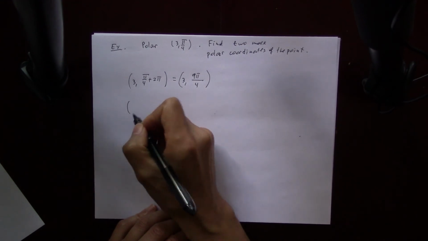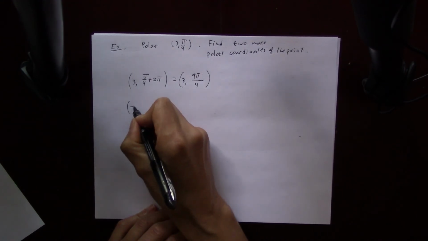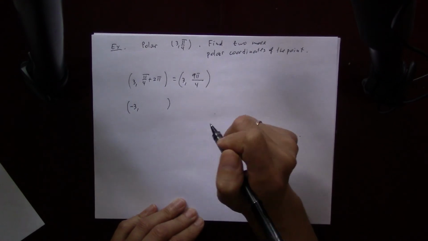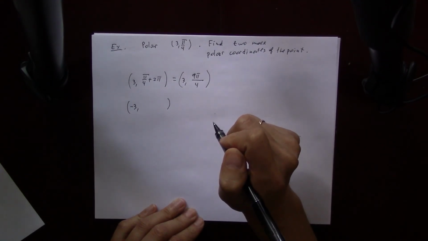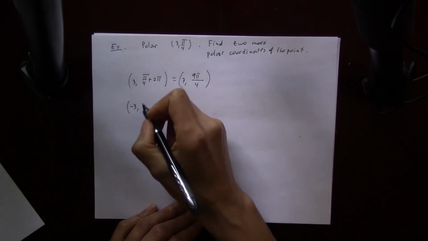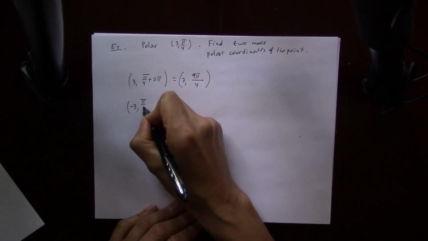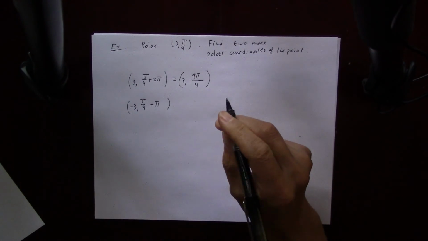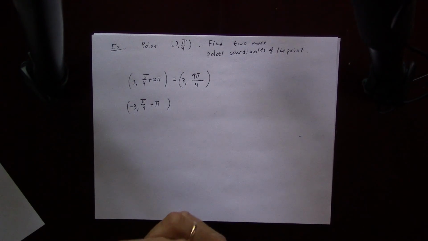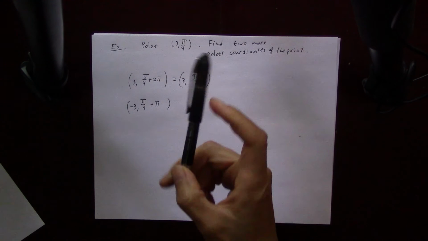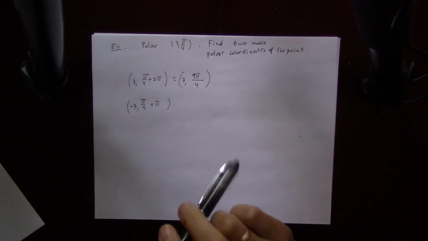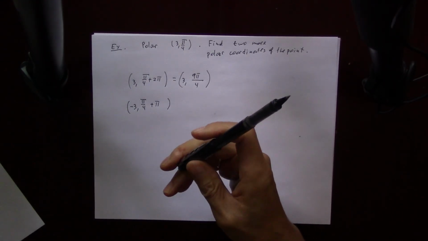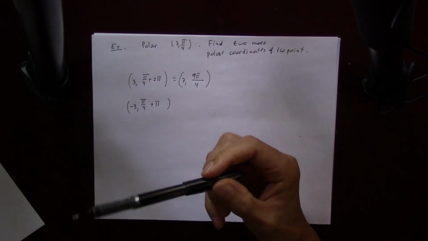Another possibility is we switch r into negative 3. So we switch the direction into the opposite, and we switch it once, and by adding pi we switch a second time. So we switch r, and instead of going this way, we switch to the opposite direction. And we're doing the same with theta.